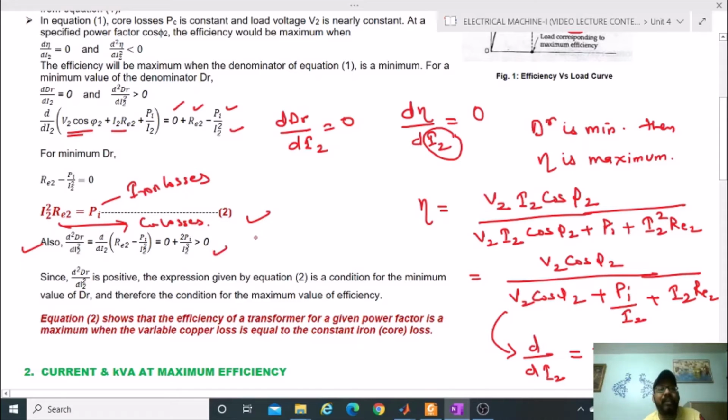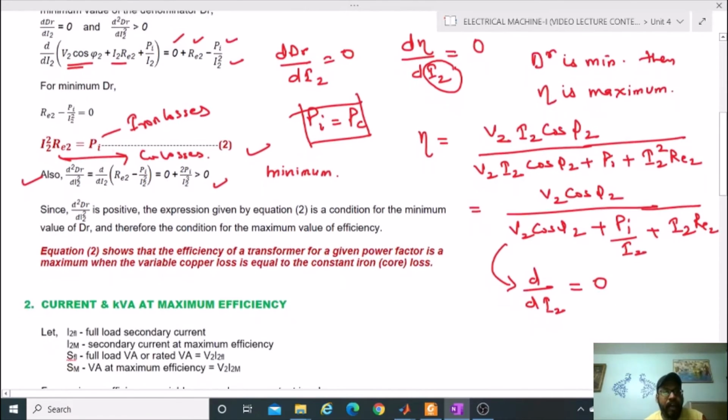That means it is the condition for minimum. So we can now conclude here that for maximum efficiency of a transformer, iron losses will be equal to copper losses. This is the condition for maximum.